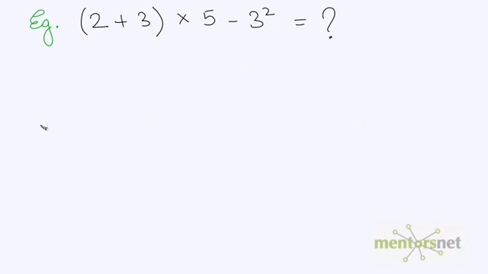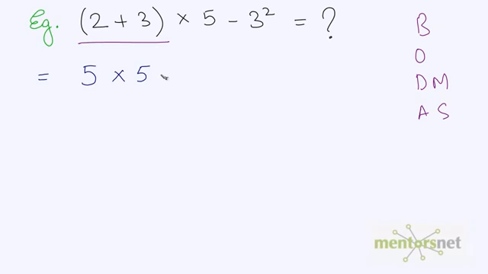Let's do an example. Let us solve this expression and make use of the BODMAS rule. So we have the priority here. In this expression, firstly we'll solve the brackets because brackets have priority over other operations. So this is equal to 2 plus 3 is 5, times 5 minus 3 square. Now we'll have to solve the square first because 'of' has more priority than division, multiplication, addition or subtraction.